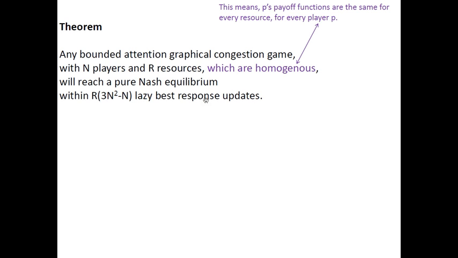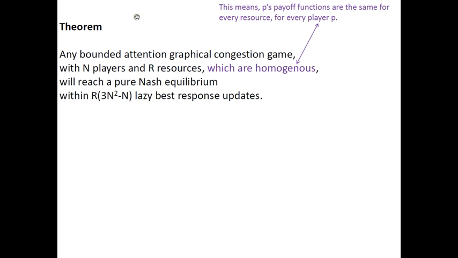In fact, I was able to prove a much more general result than this using a very similar proof technique. By the way, these convergence proofs are based on using potential functions which have integer values. So if you can bound them above and below, you can show that the potential function always goes up in steps, then you can show that the process can't run forever, so it must stop at a pure Nash equilibrium.